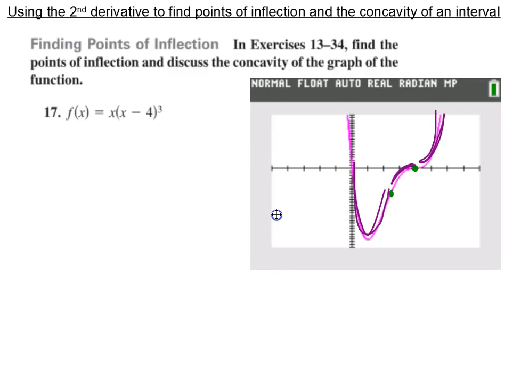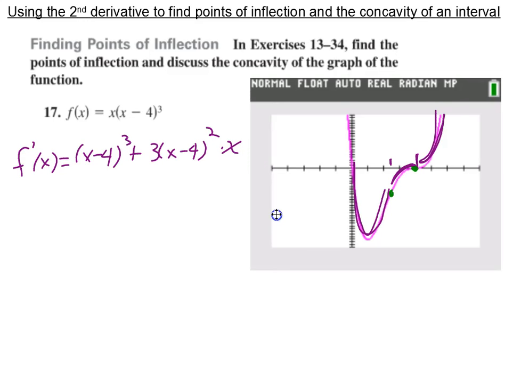So the first thing is I actually want to find these actual x values for my points of inflection. Well, again, to do that, we need to find the second derivative. So let's see, if I've got f of x equals x times (x minus 4) cubed, I know that f prime of x would equal, that's a little bit of my friend the product rule, the derivative of the first times the second plus the derivative of the second times the first.